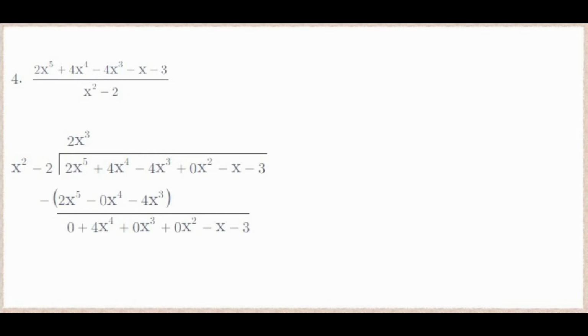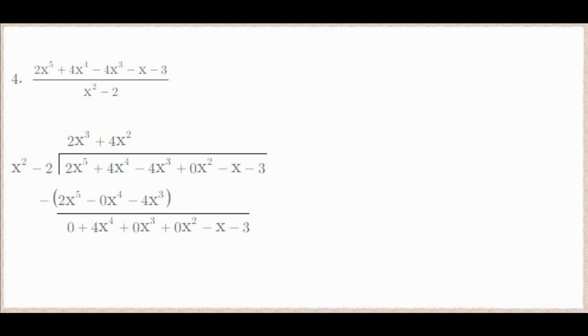So then we have 0 plus 4x to the fourth plus 0x to the third plus 0x squared minus x minus 3.